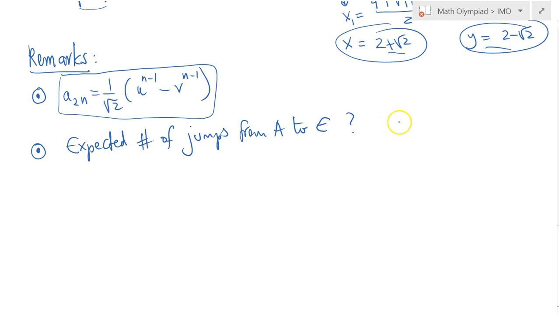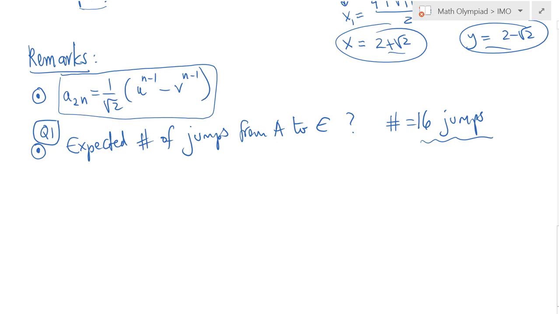It's kind of remarkable, and so I claim that you need on average 16 jumps to reach the point E. Well, the least number of jumps is obviously 4, the max is infinity, but on average you will need 16 jumps.